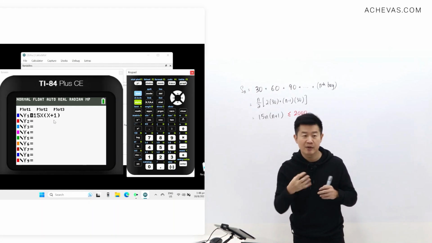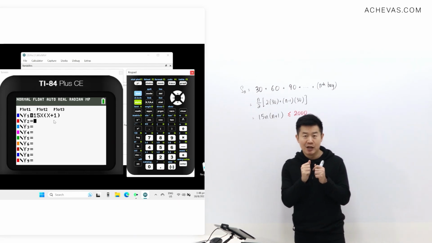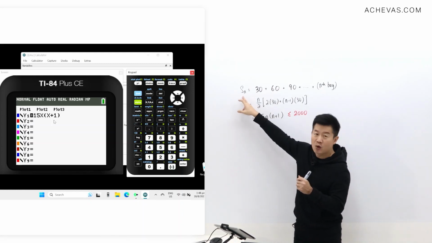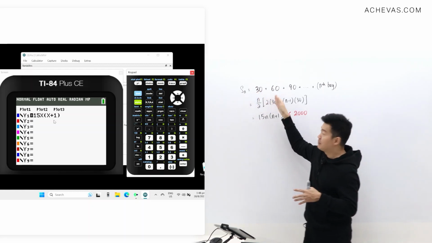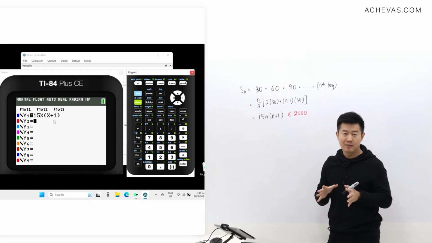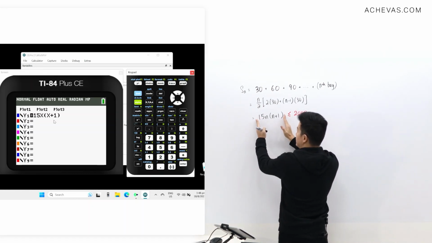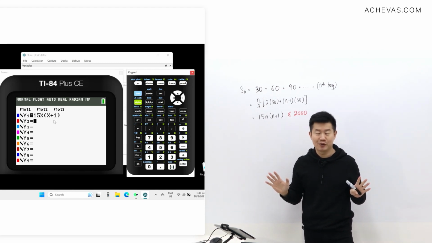We have to do this quickly, because if I were to use my own mental sum or press the calculator manually to let x be 1, which gives S1, which means 30, then 2, that means S2, which is 30 plus 60, it is going to take a while. My aim is to keep trying numbers to check when this will be more than 200, and it's not going to work anymore.